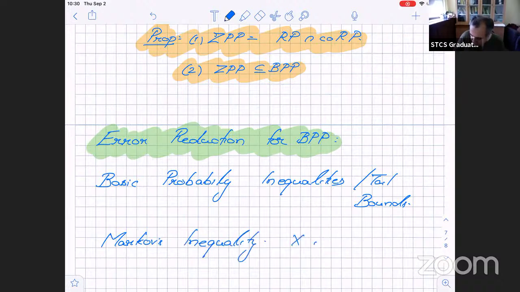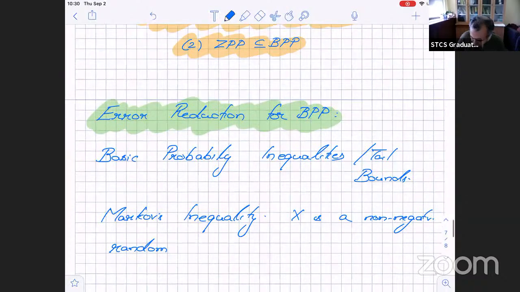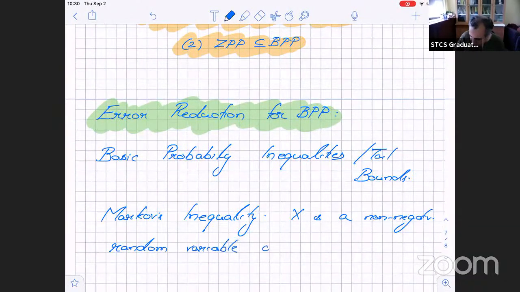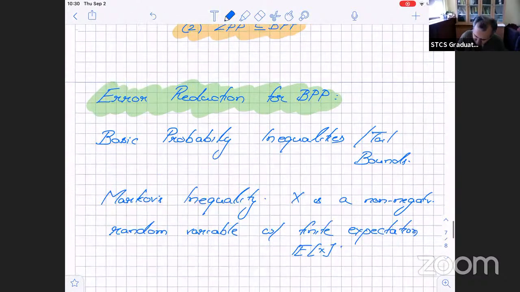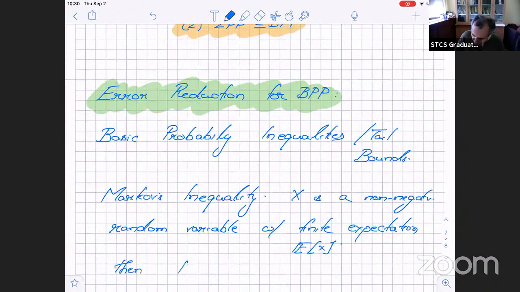It says that if X is a non-negative random variable with finite expectation E of X, then the probability that X is larger than alpha is less than or equal to E of X divided by alpha.